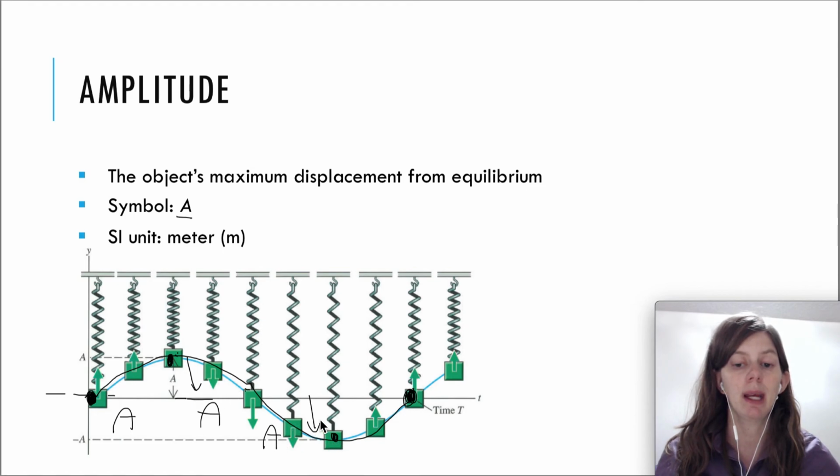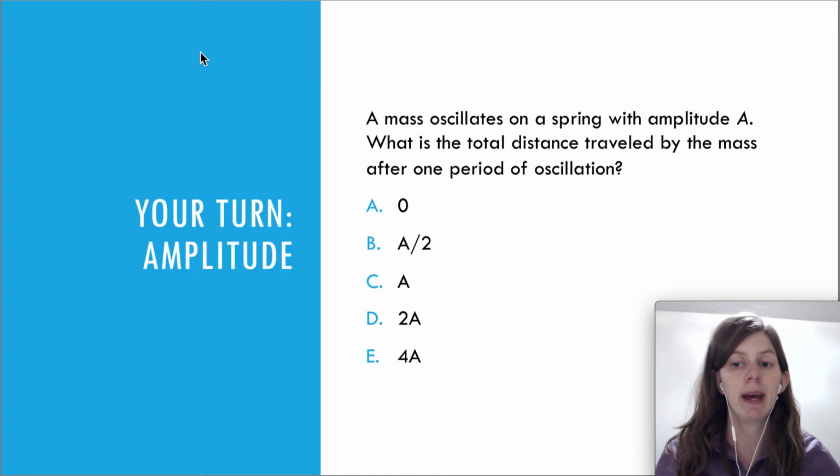That's another A. And then it goes back up to go back to the equilibrium position. That's another A. So it actually turns out that in one complete cycle, after one period, it travels a distance of 4A. So this question was just to get you familiar with that definition of amplitude, that distance from the center to the max or the min.